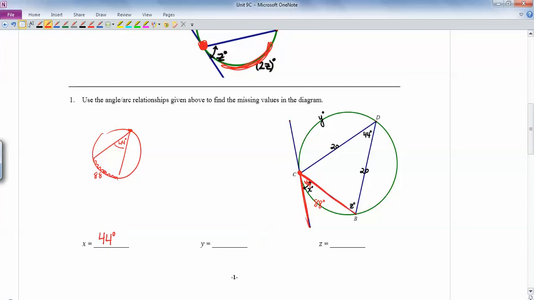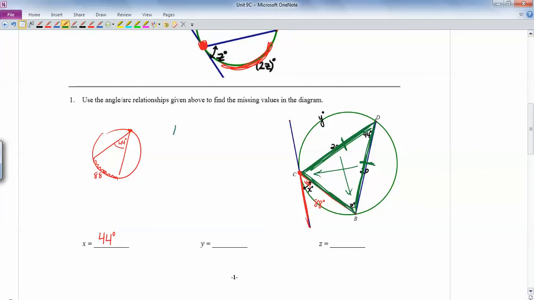Okay. Now if we look at this triangle right here, I'll use a different color. If we look at this triangle right here, you can see that the 20 and the 20 are the same. So it's isosceles. So that means that this angle and this angle have to be the same.